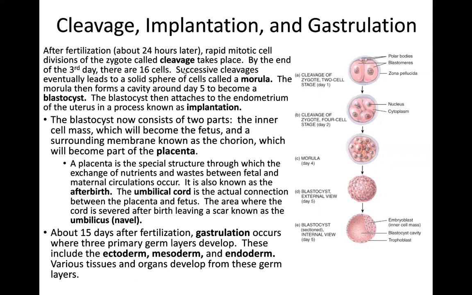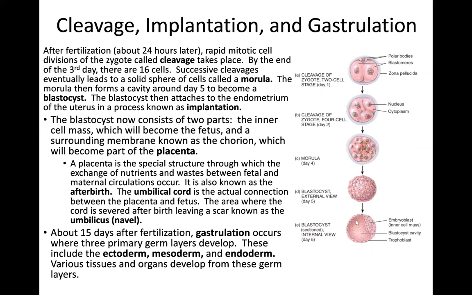And that leads to the formation of what's called a morula, which is about day 4. And then about day 5, this solid ball of cells known as a morula becomes a blastocyst, which, if you look internally, is a hollow ball of cells, different than a morula, which is a solid ball of cells.